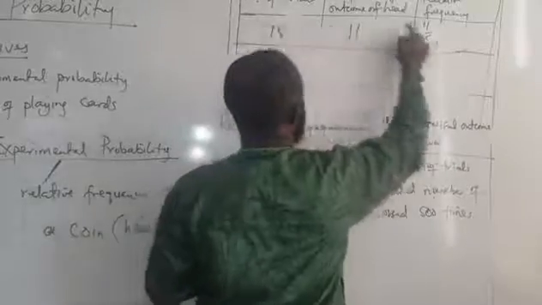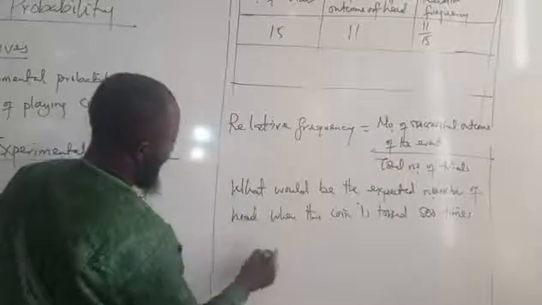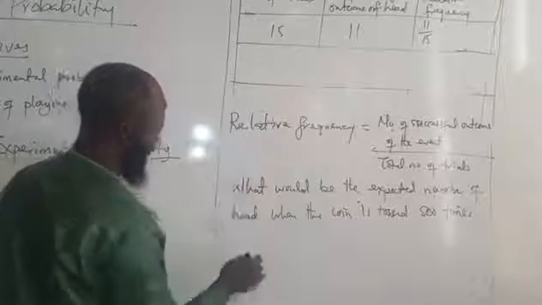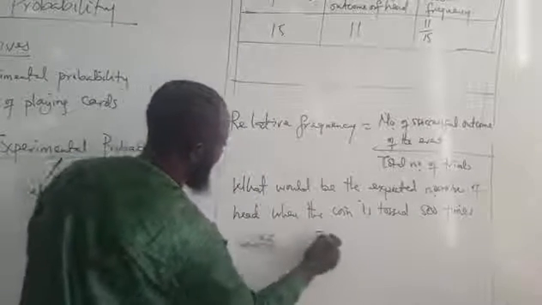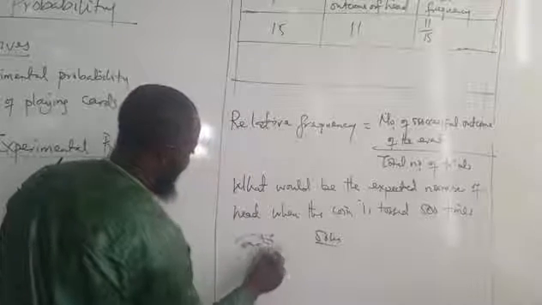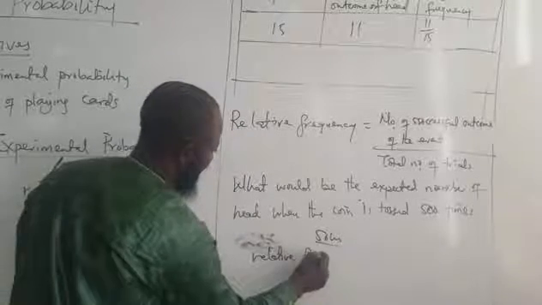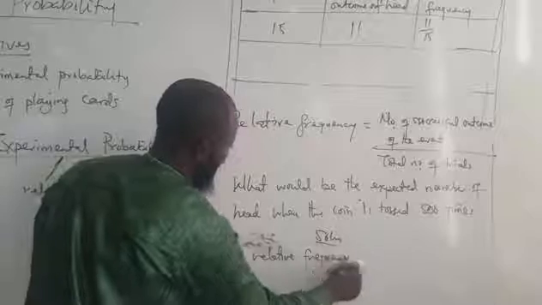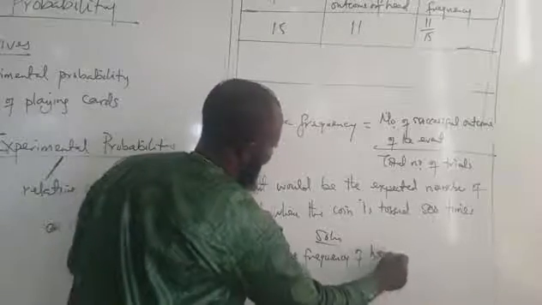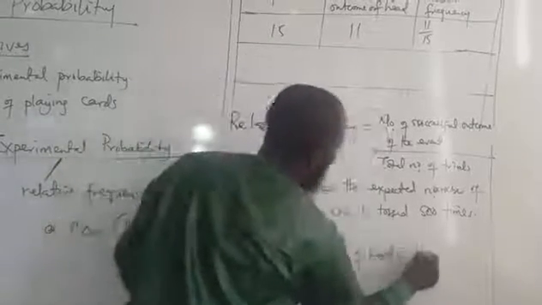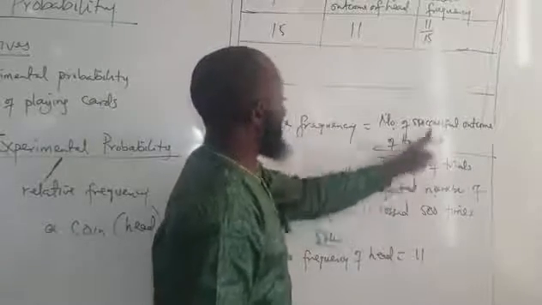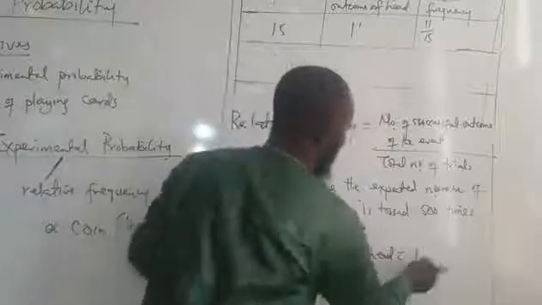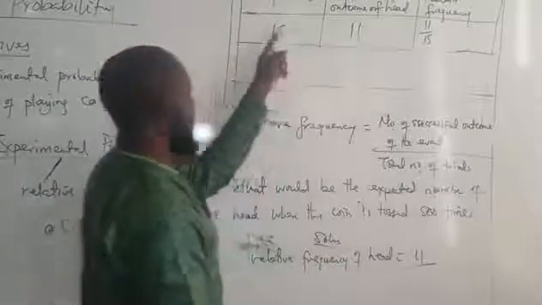So we can make use of the relative frequency of eggs. The solution: the relative frequency of eggs will be, from the formula, the number of successful outcomes of the event, the event being X, which is 11, over the total number of trials, which is 15.